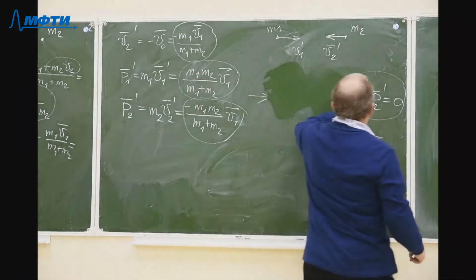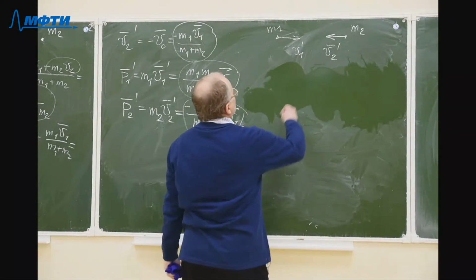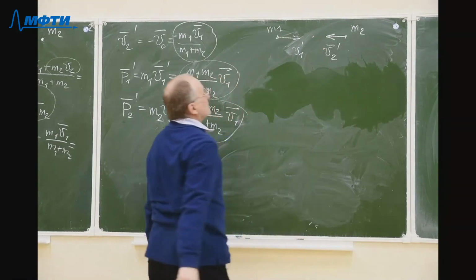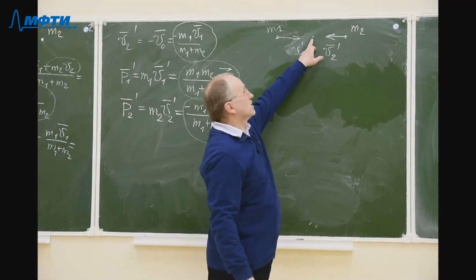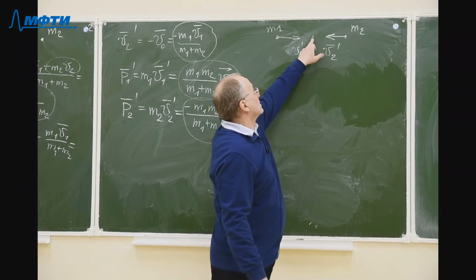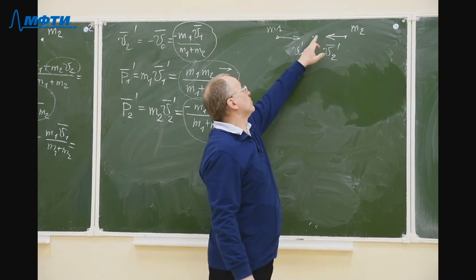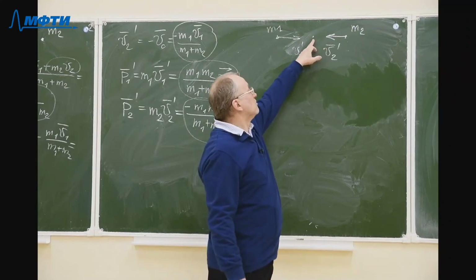That's this picture in the center of mass reference frame. Somewhere here is the center of mass point, which is at rest, because we are in the reference system attached to the center of mass. So this point is at rest with respect to us.